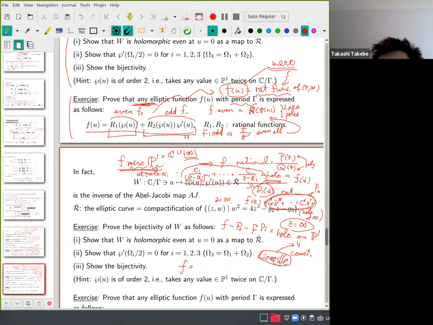Therefore, a meromorphic function on P1 is expressed as the sum of a polynomial and a certain sum of rational functions plus a constant, which means that this is rational.